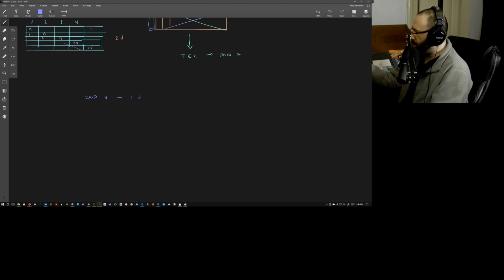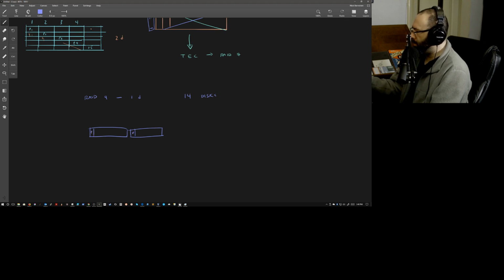So let's say we've got 14 disks, and we want to be fairly conservative. What we might do is go ahead and do two RAID 4 groups, right? So we do one group of RAID 4, and we do another group of RAID 4.